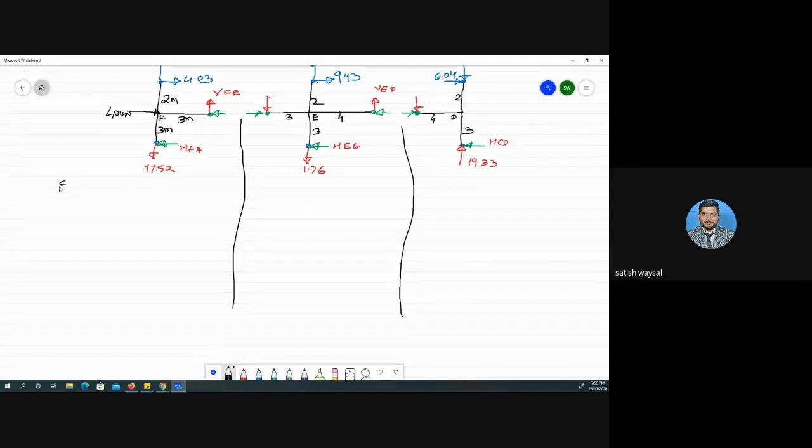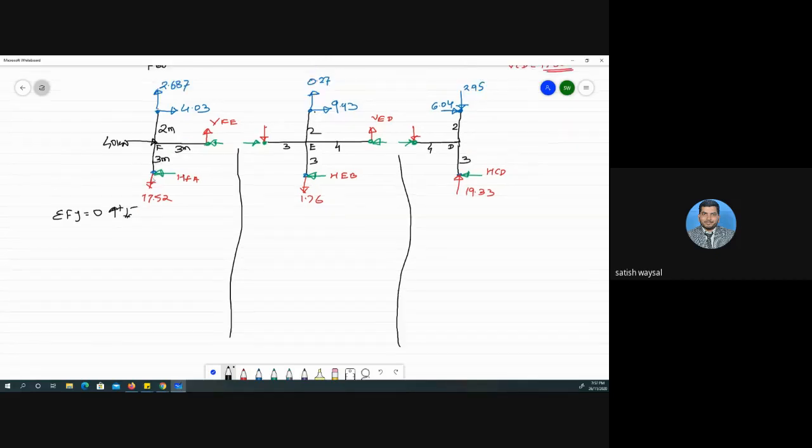We can apply initially summation Fy is equal to 0. Here upward force positive, downward force negative. Upward is 2.687, 2.687 plus VFE minus 17.52 is equal to 0. That will give you VFE is equal to 14.83.